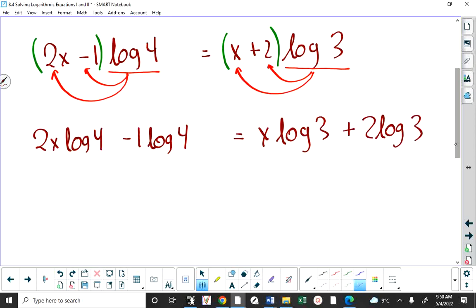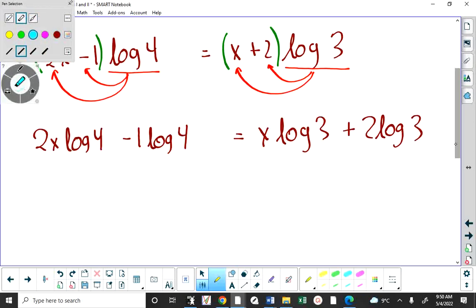Now, I'm going to use some highlighting colors here to explain something. This looks like a complicated equation, and it is. I mean, it's not a grade 10 equation or anything, but I want you to notice something, that this 2 and this log 4 are really just a number that is being multiplied by x.